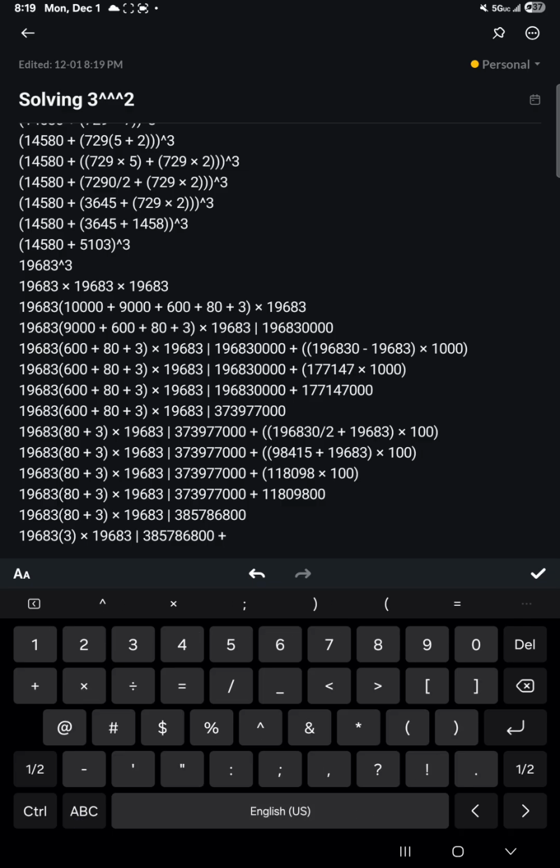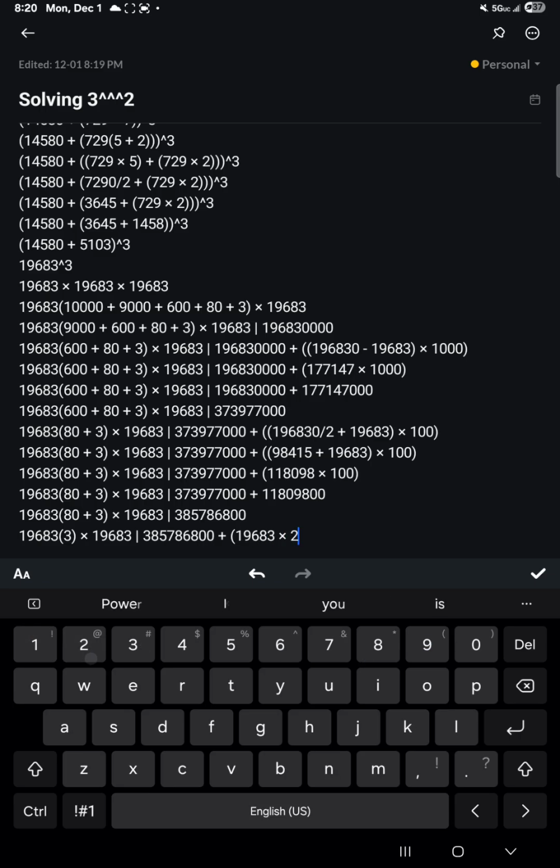So let's see here. 80. So I'm going to factor out 8 from 80. So we got 8 times 10. Now I honestly thought that 8 was just 2 cubed, which is the same as 2 times 2 times 2. So here's what I did. I did 19683 times 2 cubed.